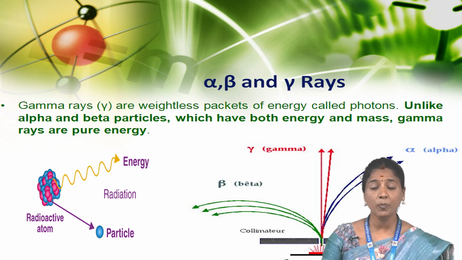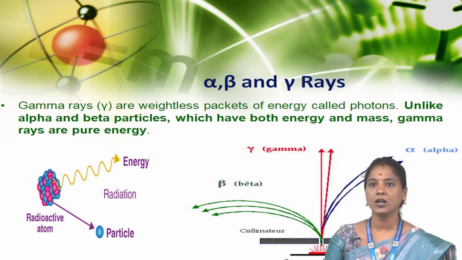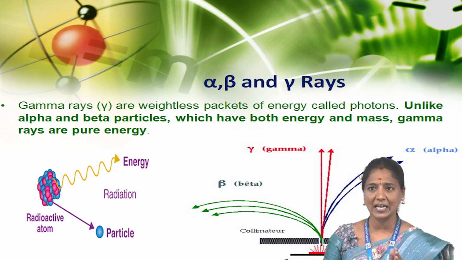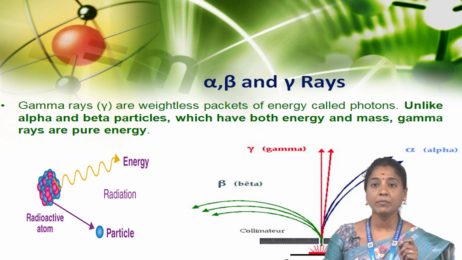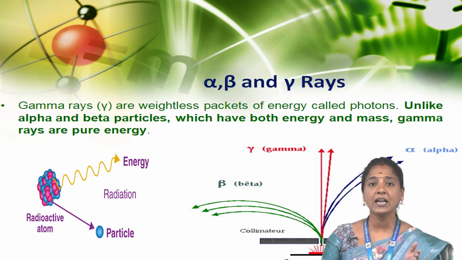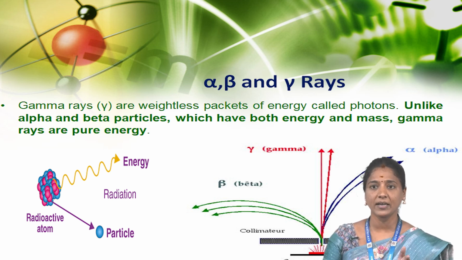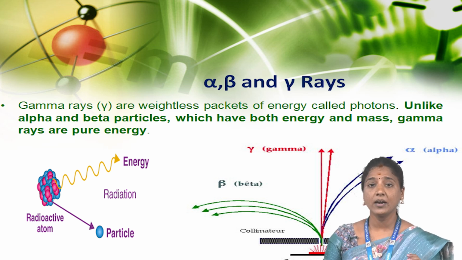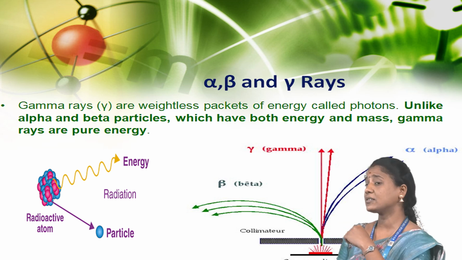Radioactive particles like alpha, beta and gamma rays are emitted by an unstable atom trying to gain stability. Hence the atoms decay by emitting a particle, transforming the nucleus into a lower energy state.